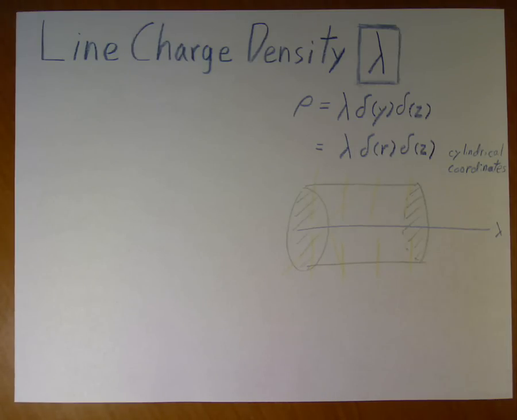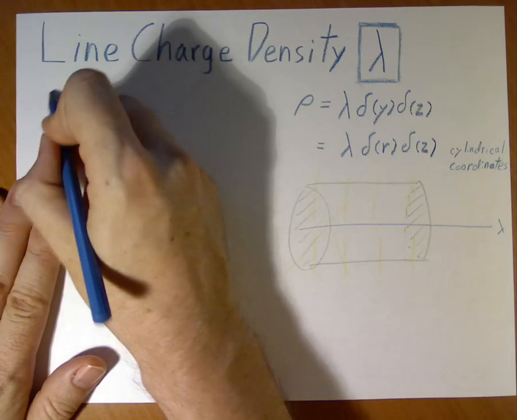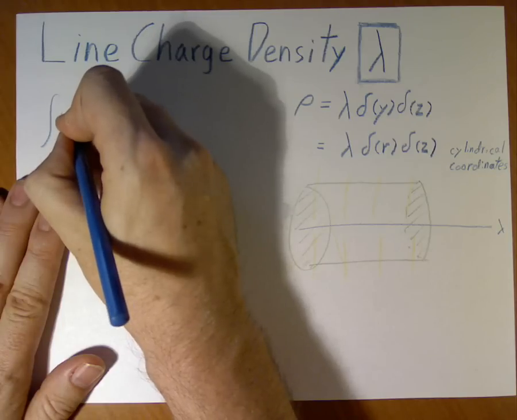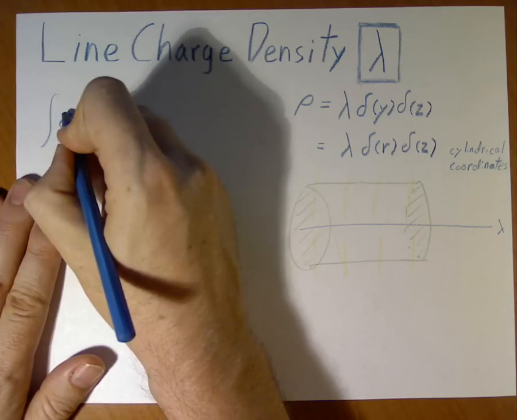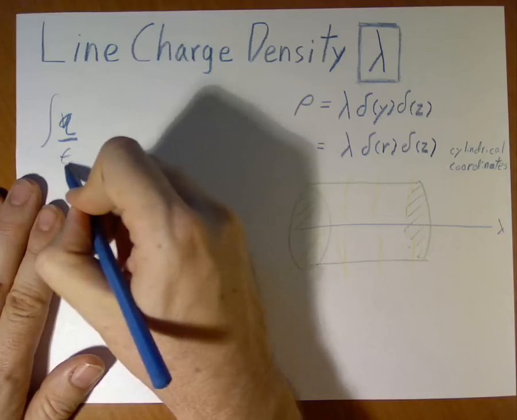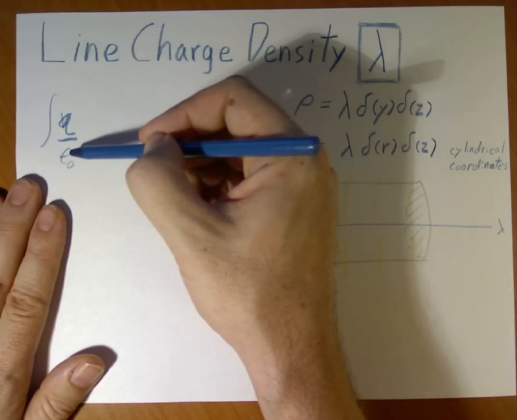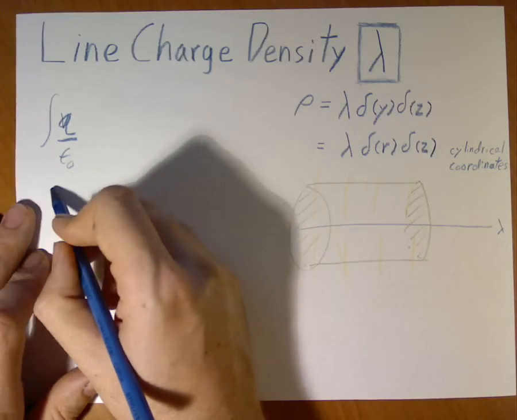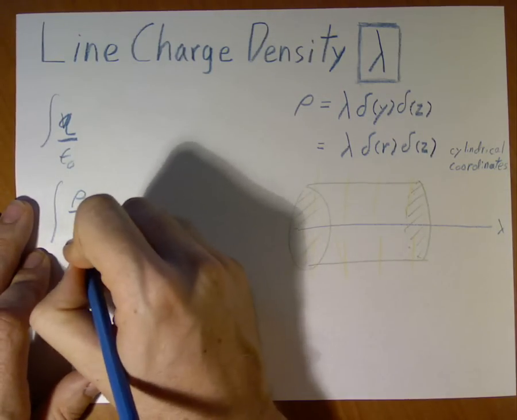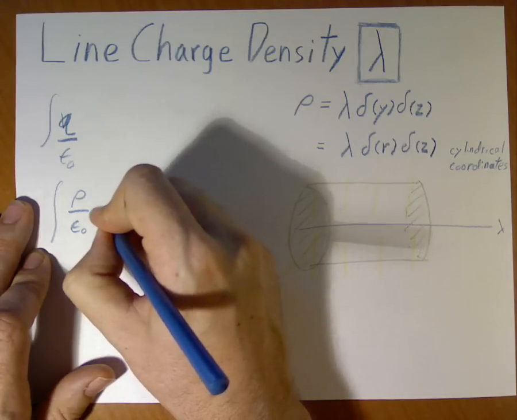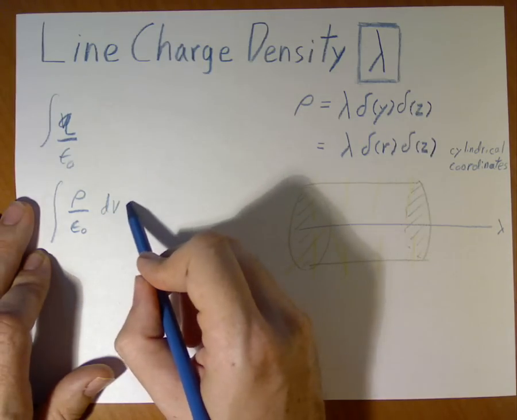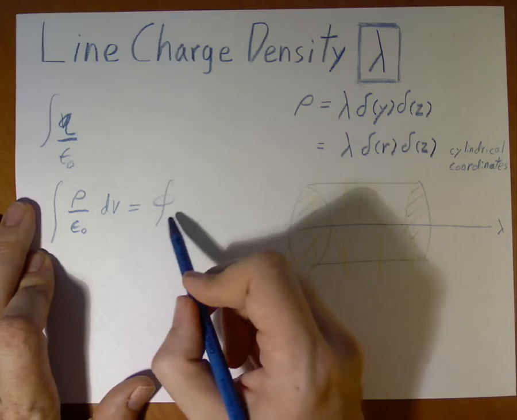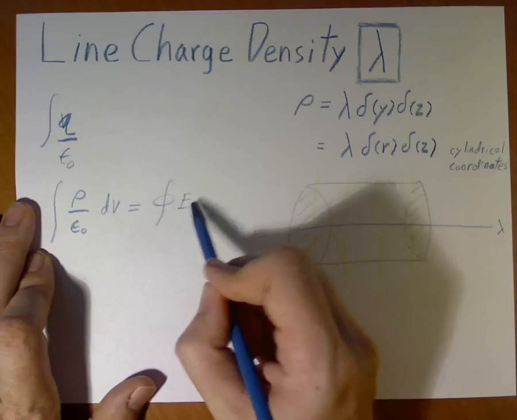Okay, so to start, we want to start with Gauss's law. We write out our volume integral of the charge density over epsilon naught, d volume, equals the surface integral E dot dA.